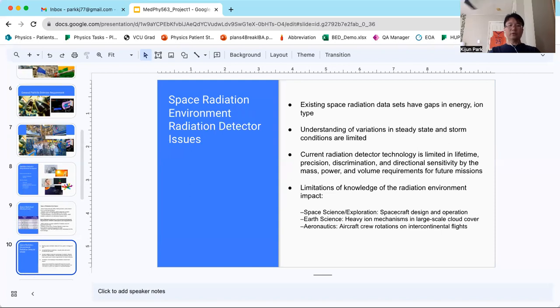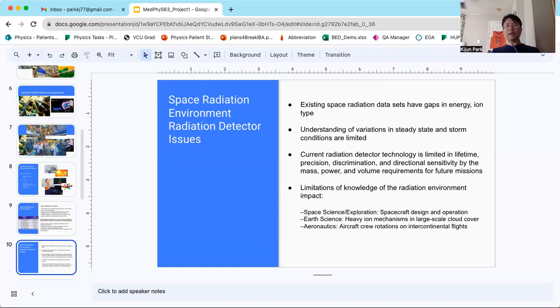There are some issues for the space radiation environment. First, we have to understand the existing space radiation data set, and there is a gap in terms of energy and ion species, because we only see very limited radiation types on Earth, but going outside, there are so many different things we may never have experienced before.